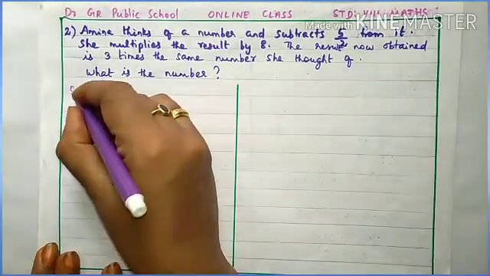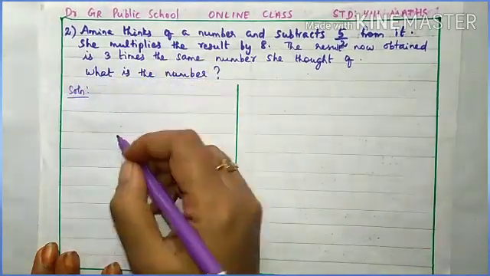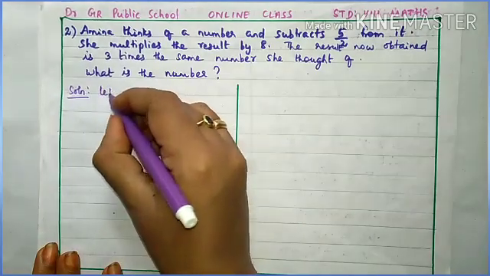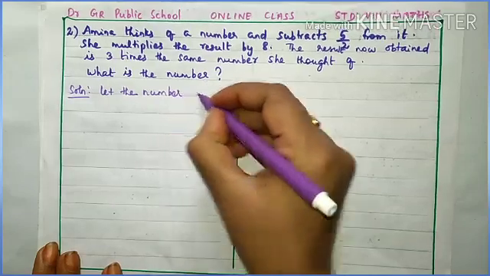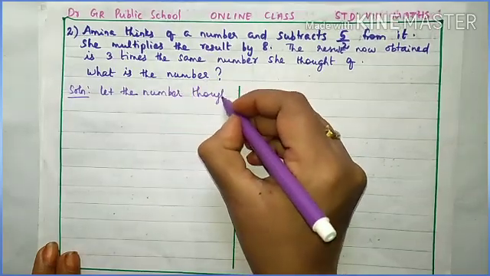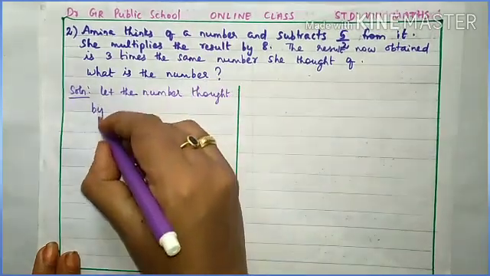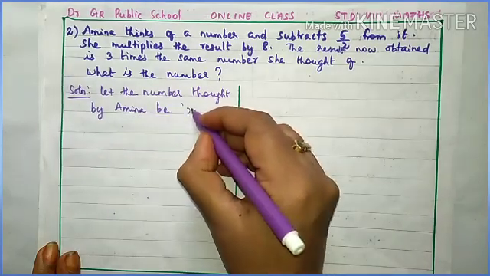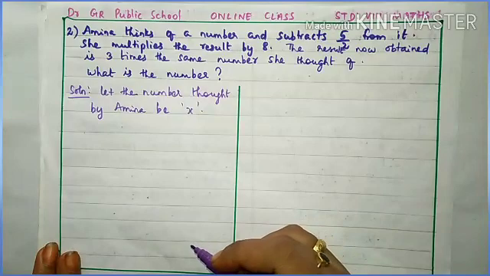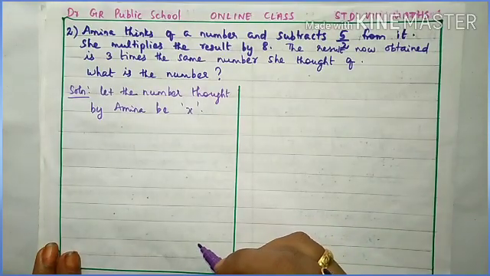So start the solution. According to the first sentence, we are writing, let the number thought by Amina be x. Okay, so the number thought by Amina we are taking as x.